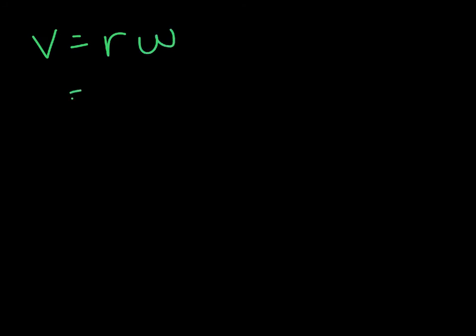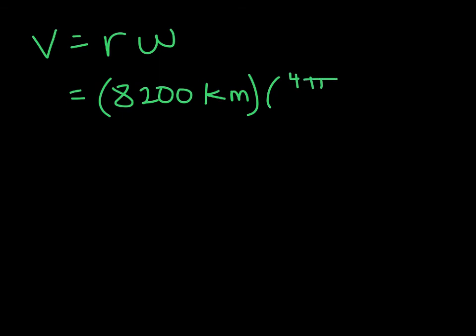We know that the total radius is 8,200 kilometers, and the angular speed, which we had to find, is 4 pi over 5 radians per hour. Again, I'm not going to use a calculator. You can if you'd like.